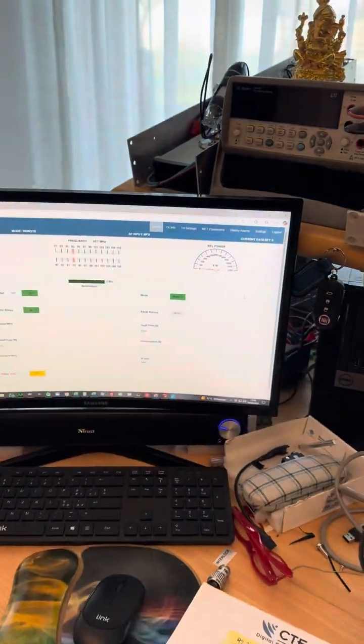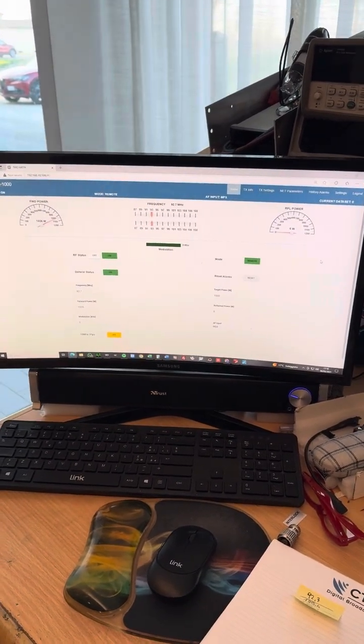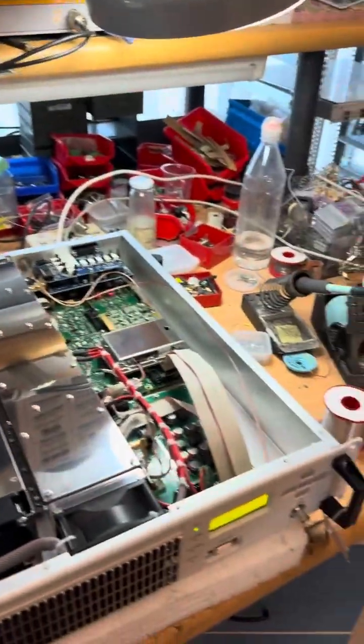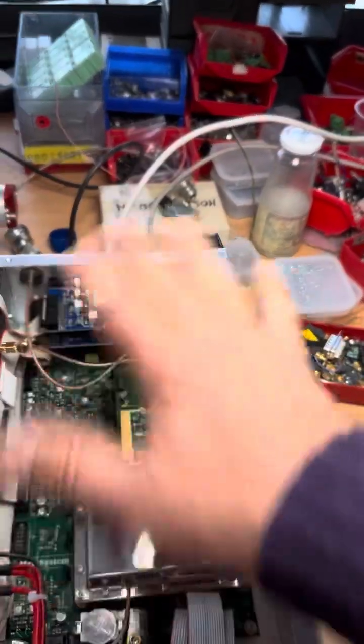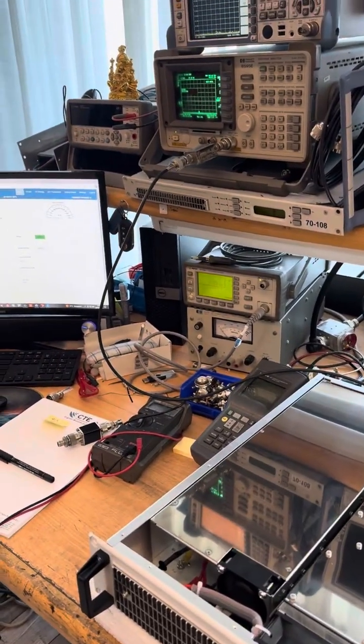We are connected through the web page on the transmitter, just to test also the web connection. This is exactly what you will use for the transmitter. Okay, thank you. Until next time.